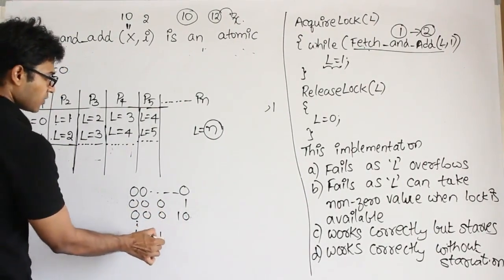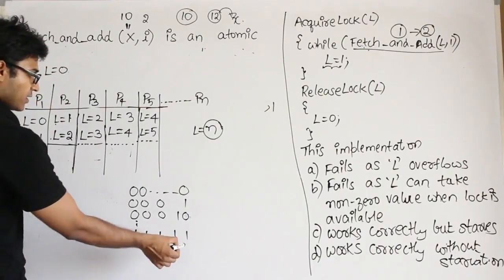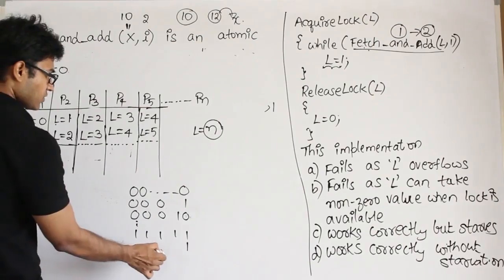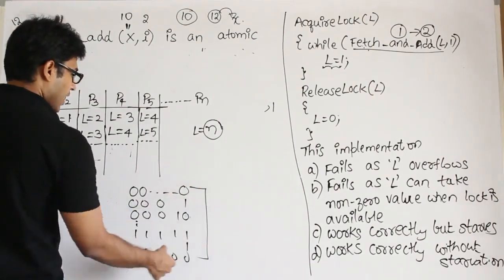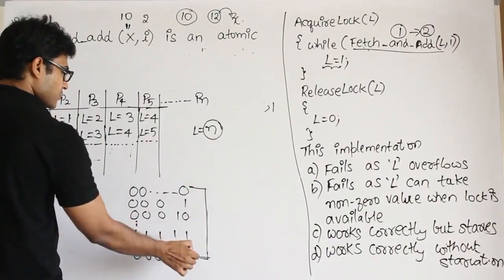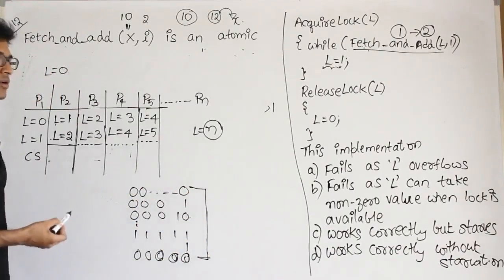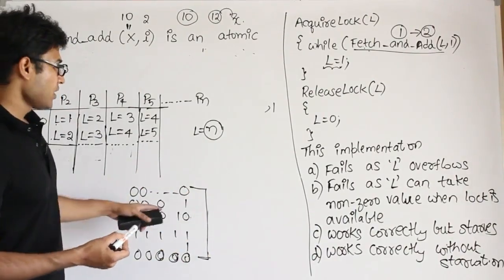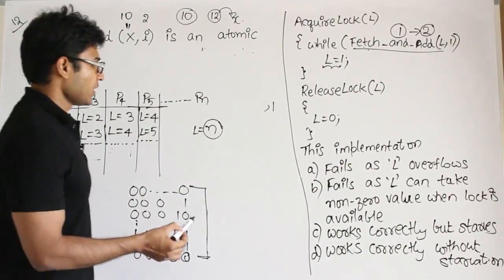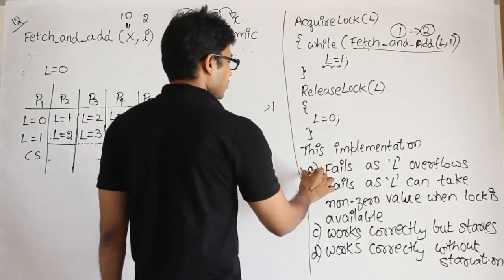You have reached the maximum limit, all ones, and again if you try to add one more 1, there will be an overflow, which means it will represent 0 0 0 0, and again if you don't consider that overflow, the value is again going to become 0 and two processes are going to enter the loop, or it is going to overflow. Anyway, overflow is possible. Therefore this solution fails because there is overflow.